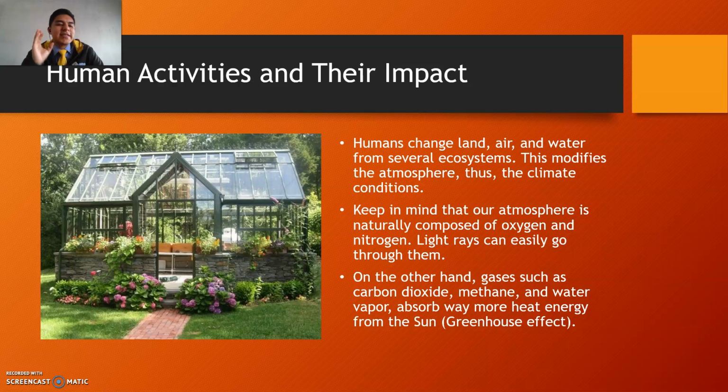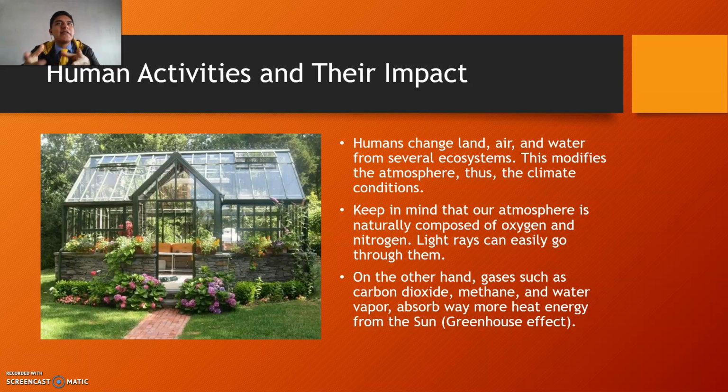And we can apply exactly the same principle of a greenhouse to our planet. Think about the house as the atmosphere that surrounds our planet. So naturally, just like I was mentioning, our atmosphere is composed of oxygen and nitrogen.